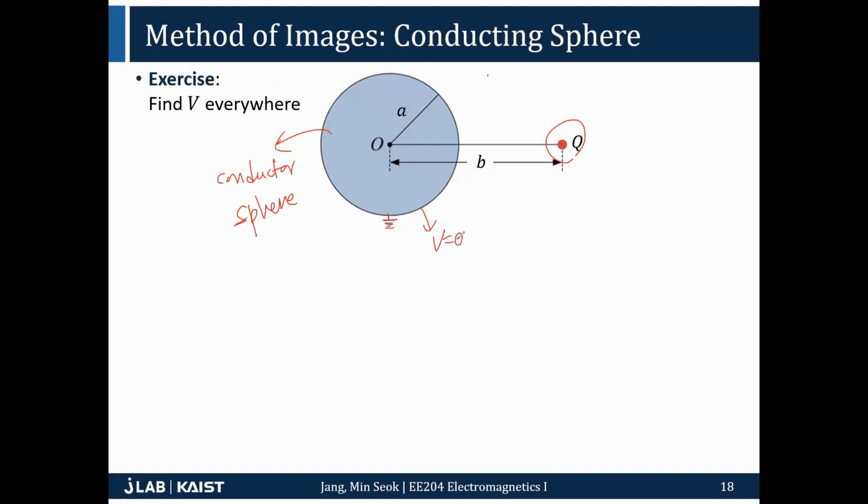So the boundary condition you need to satisfy is, of course, V is 0 when R is A, right? Can you guess where you need to put your image charge? So first, where?